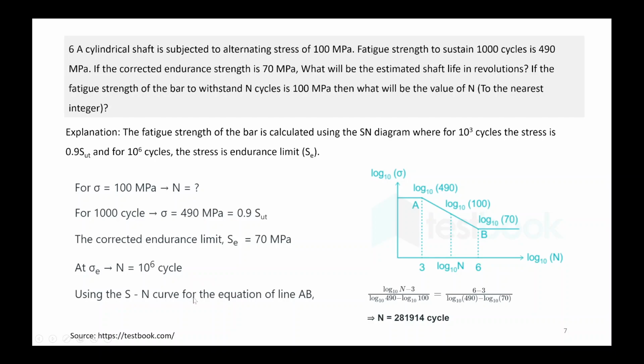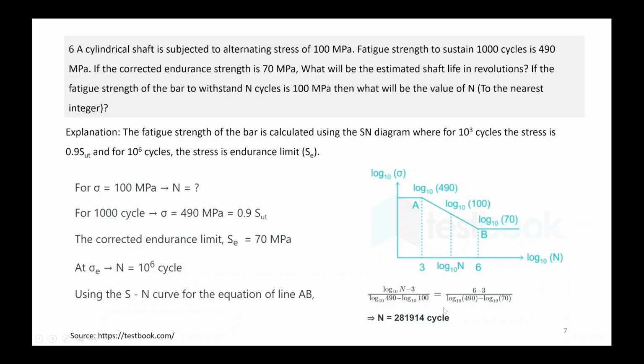So using the SN curve for the line AB, the slope is the same. We can use y2 minus y1 divided by x2 minus x1. So, log n minus 3 divided by log 490 minus log 100, and similarly the slope of AB will be 6 minus 3 divided by log 490 minus log 70.